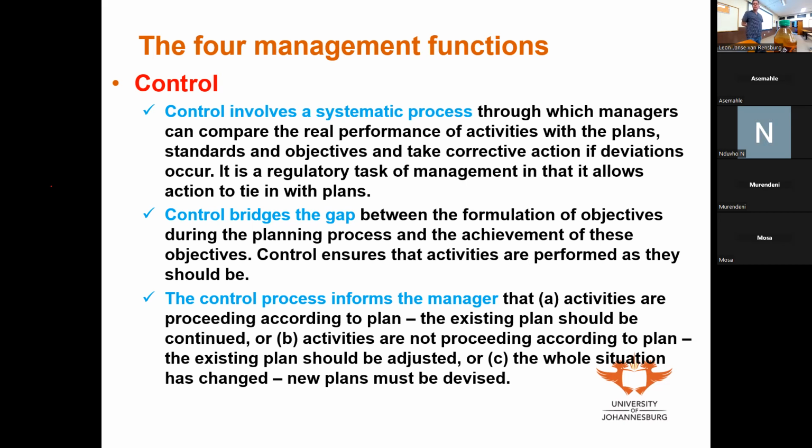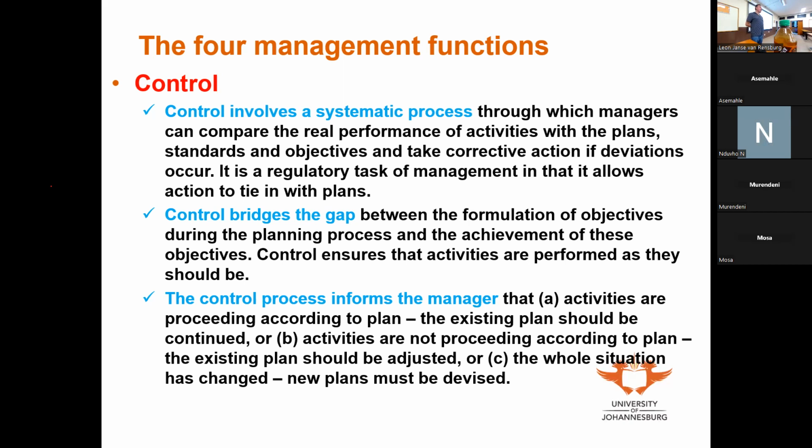So it is a regulatory task for management, and it allows action to tie in with plans. That's control. Control also bridges the gap between the formation of objectives during the planning process and the achievement of these objectives. Control ensures that activities are performed as they should be.